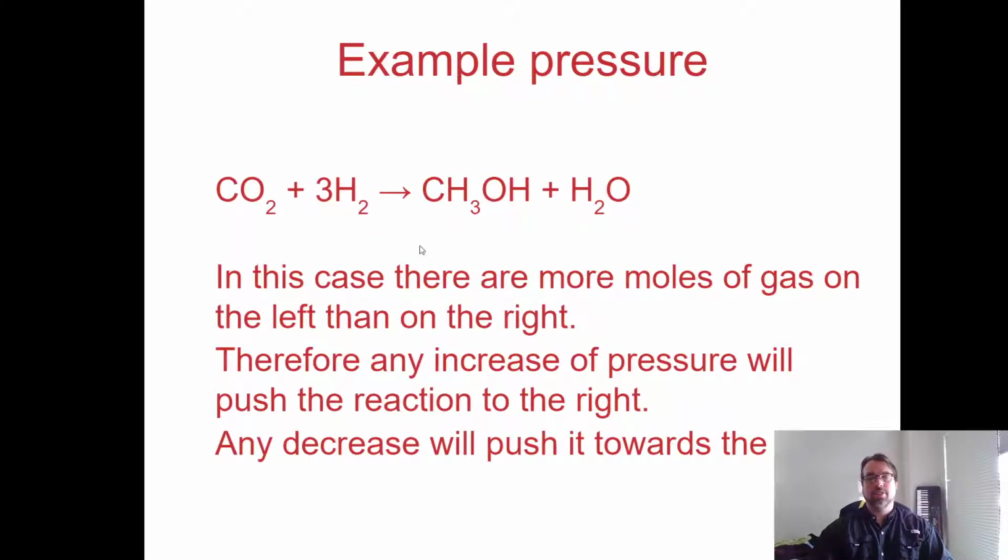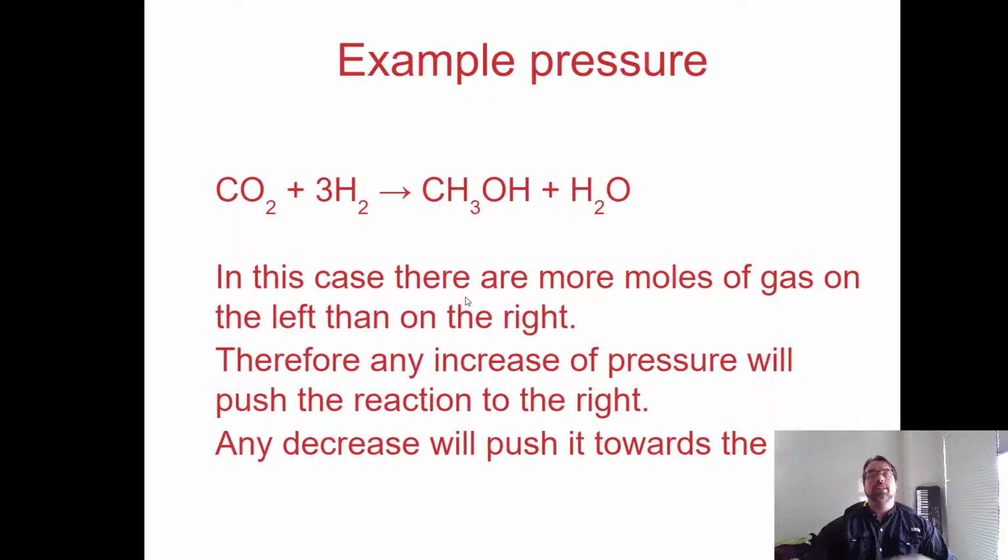So let's go ahead and show an example here, okay? And here we have an example where we have carbon dioxide plus 3 moles of hydrogen gas, and that makes ethanol and water. Okay. So in this case, we have 4 moles of gas on the left. We have 2 moles of gas on the right. Okay.